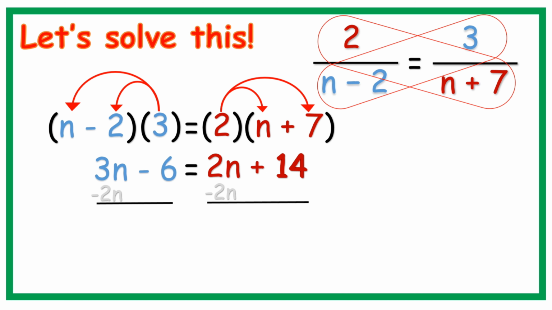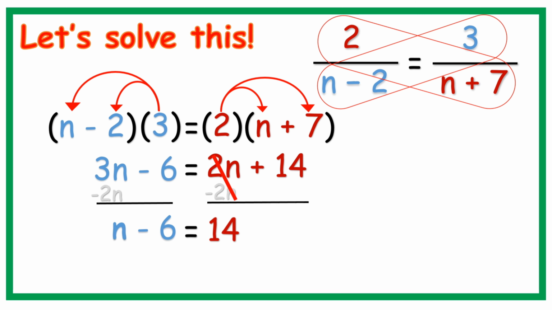That will cancel 2n. And let's bring down 14. And the answer to 3n minus 6 plus negative 2n is 1n minus 6, or we can simply write it n minus 6. Don't forget to write the equal sign.